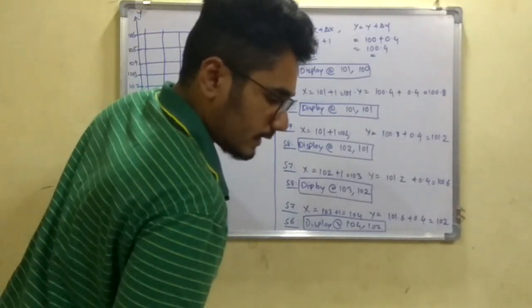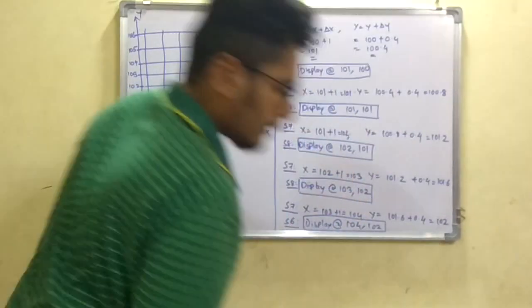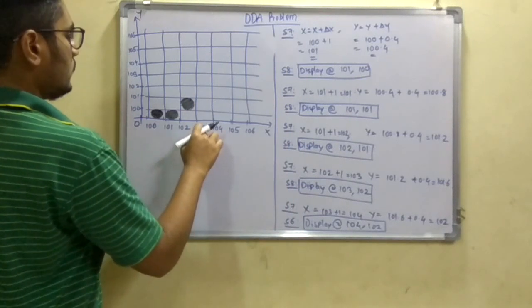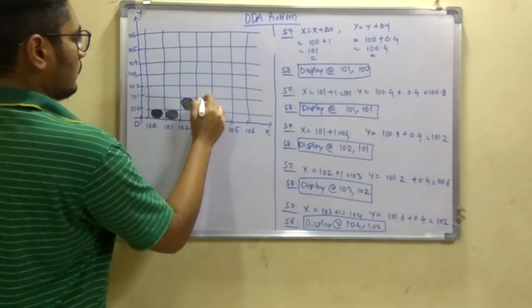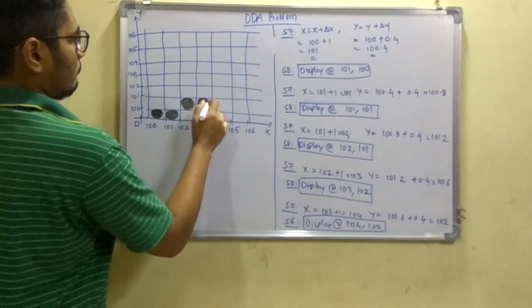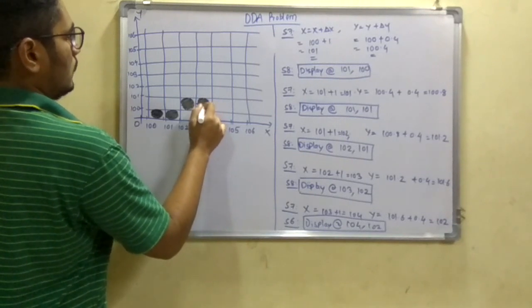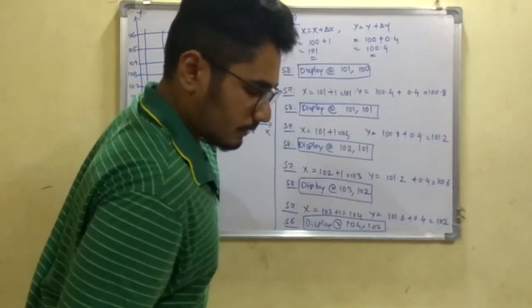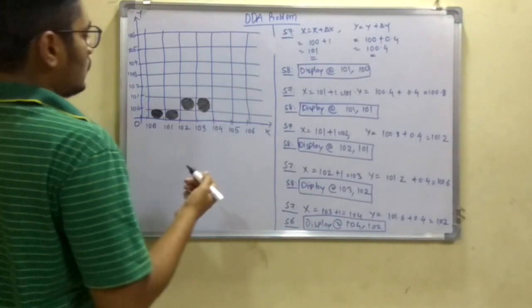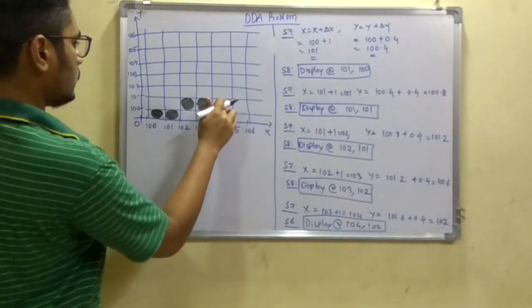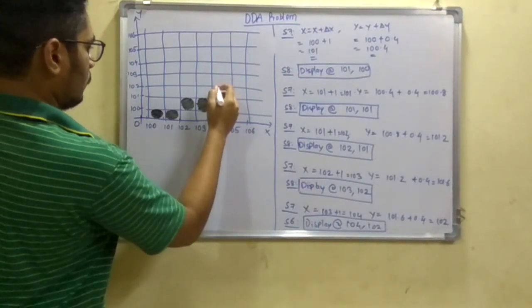And next you get 103, 101. So 103, 101 is its neighbor. You color it in this way. Next you have 104 and 102. 104 is here and 102 is right above.